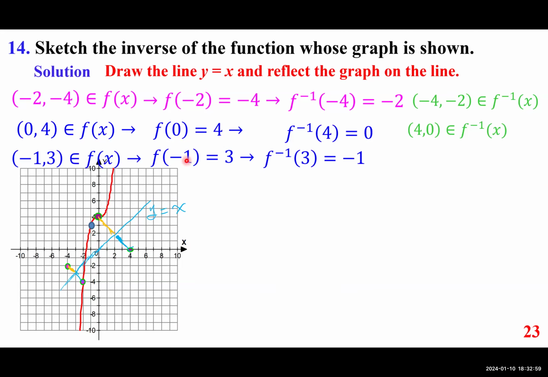So if -1, 3 belongs to f of x, then 3, -1 must belong to its inverse function. So we locate 3, -1. And again, I hope you see that this distance is the same as this distance.